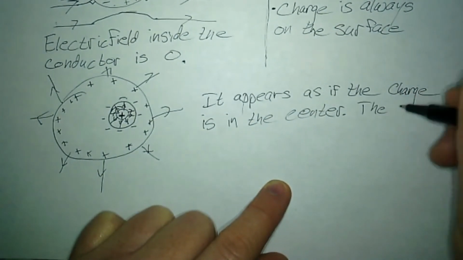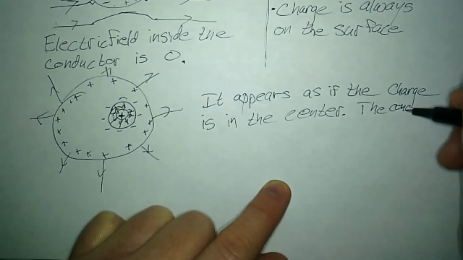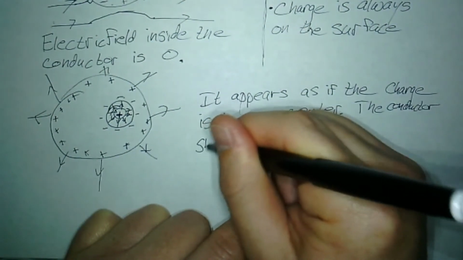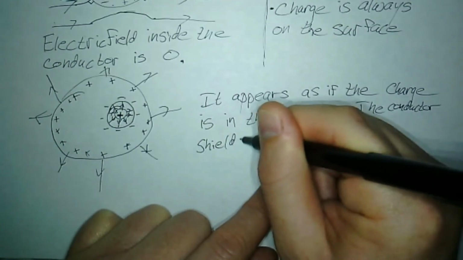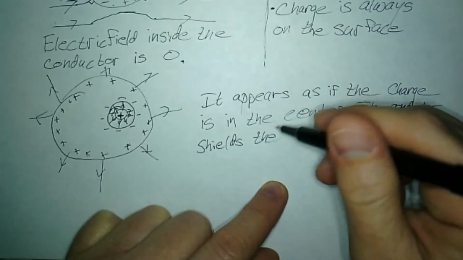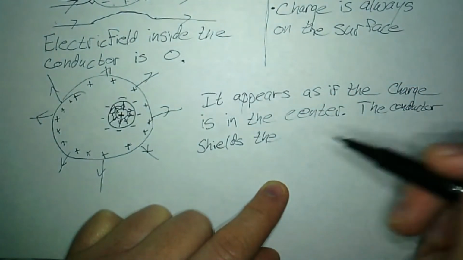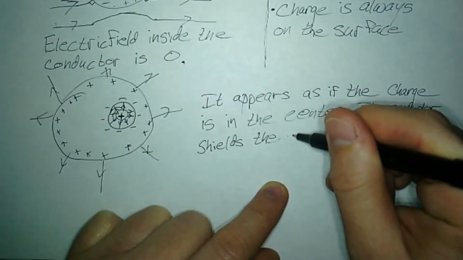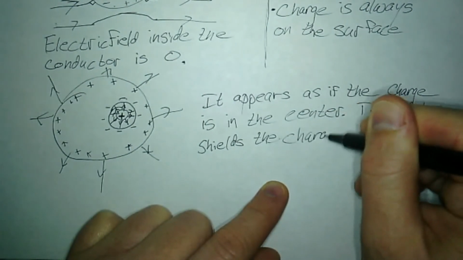The conductor shields the charge and hides its location. But because there's still a net charge, when I draw my Gaussian surface, I can tell that I have a charge enclosed and I have an electric field, but I can't tell exactly where it is.